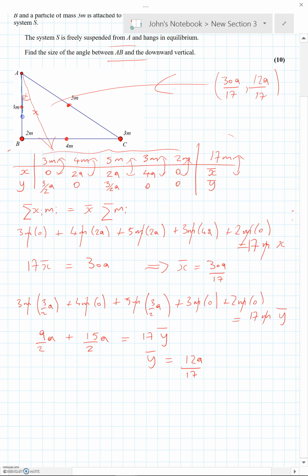A little bit small, I might recommend having such a tiny diagram when you're actually working this out. But anyway, this distance is pretty clear. That is just our x-coordinate, which is 30a over 17. I'll redraw the triangle slightly bigger here.